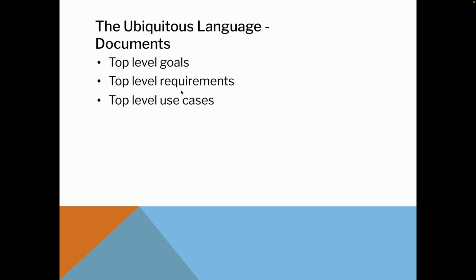And then the third level is taking the requirements and breaking them down into use cases. Use cases are when you take the requirements and make them software use cases that tell you what the user of the system is doing with those requirements. For example, the customer enrolls in a class. That's a use case. The customer is the actor of the use case, and enrolling is the key behavior or the key goal.